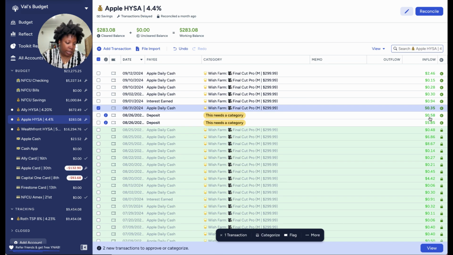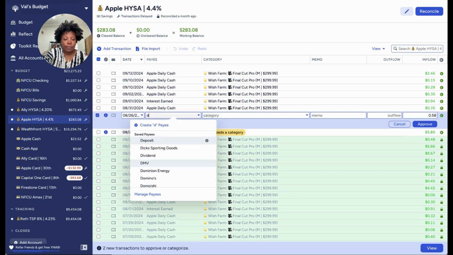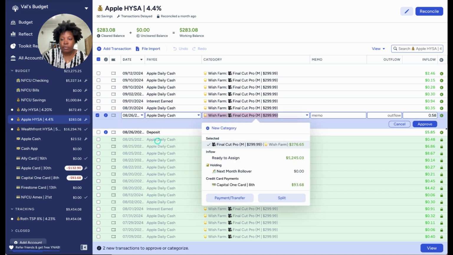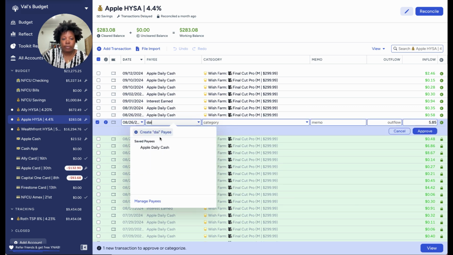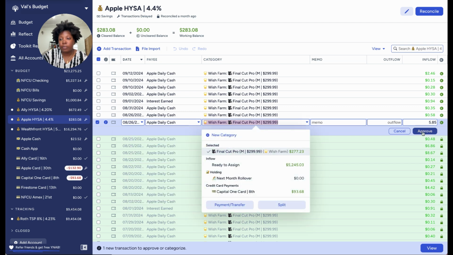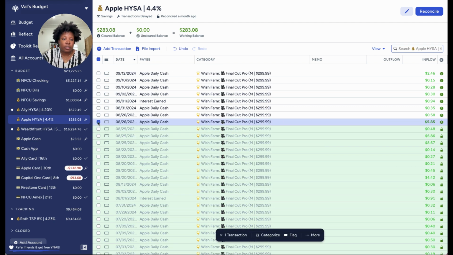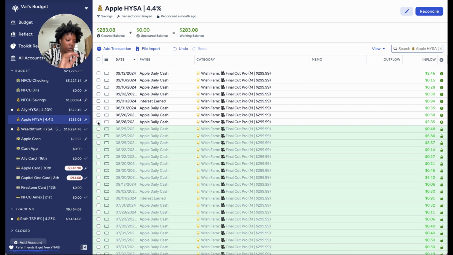Before that, we have $6.43 on the 26th. So that's probably these two. So let's open that up. Yes, 58 cents and then $5.85. So all right, we are good to go.